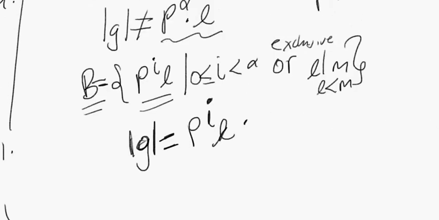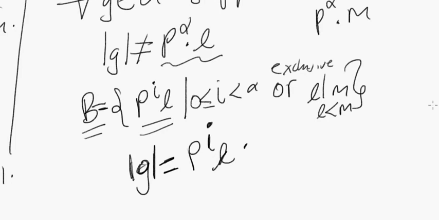If the order of little g can never equal p to the alpha times L, then whatever the order of little g is, it has to be less than p to the alpha times L. But what does it mean to be of the form p to the I times L, but still be less than p to the alpha times m, right?